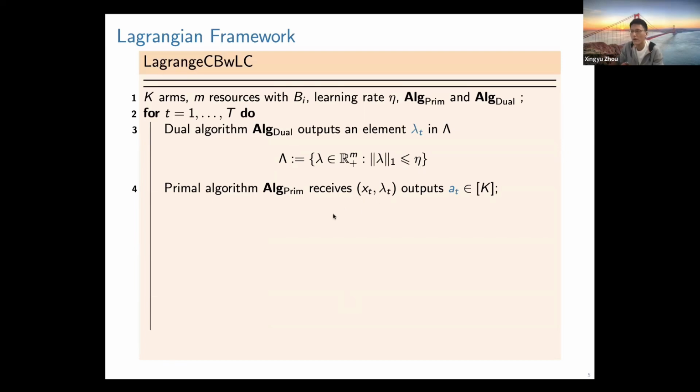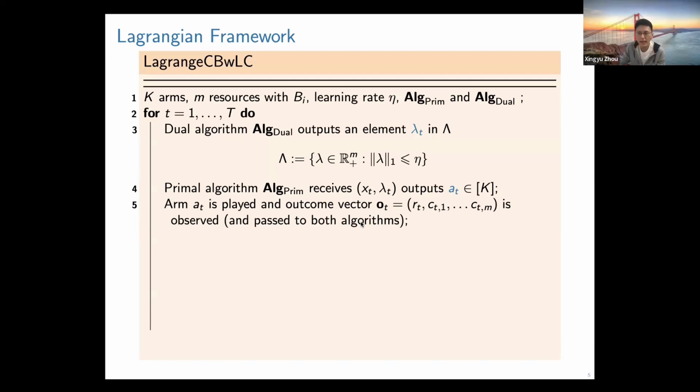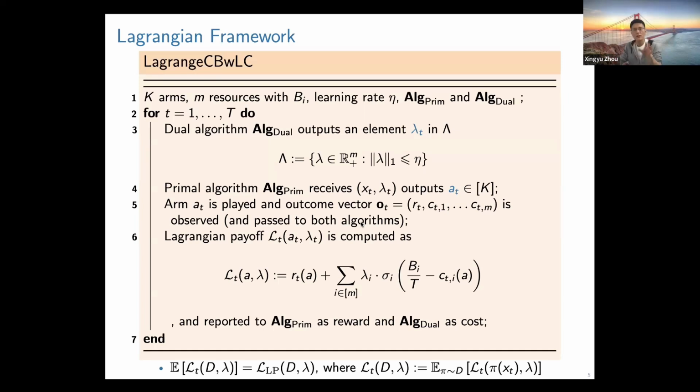Now, observing the context and the multiplier lambda t, the primal algorithm will choose an action. Now, the action is played, and we incur the cost and the reward, and both of them are passed to the algorithms. And the Lagrangian payoff in the game is defined like this, right? Given this realization, when you play the action A, you will incur this reward and this amount of cost, and you combine them together as the Lagrangian at round t.